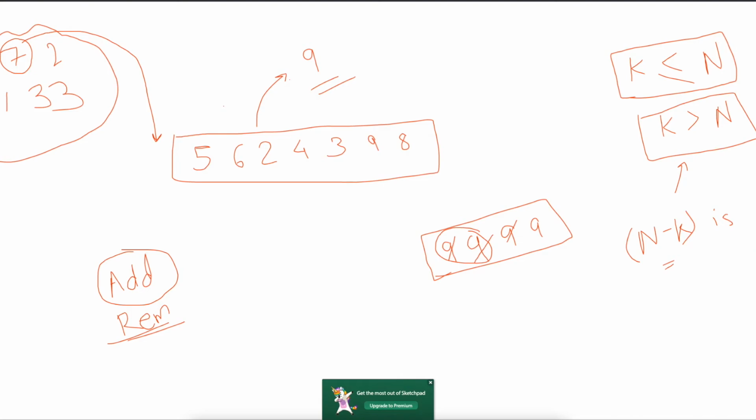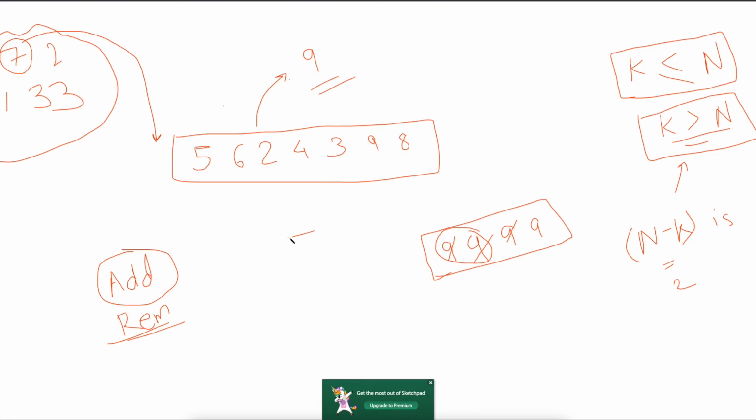Now let's assume the other case where n minus k is even. Because n is greater than k, n minus k will be at least 2. So it can be 2, 4, 6 and so on. In this case we will add anything from the array.